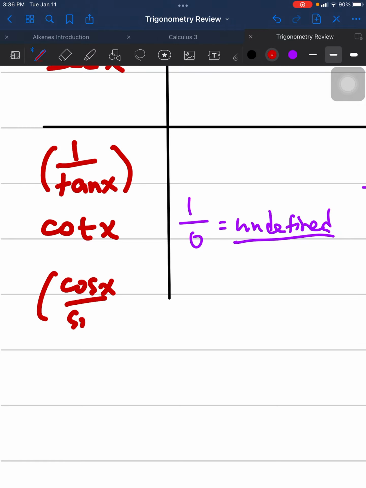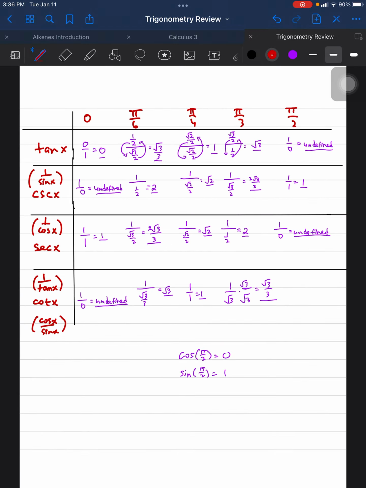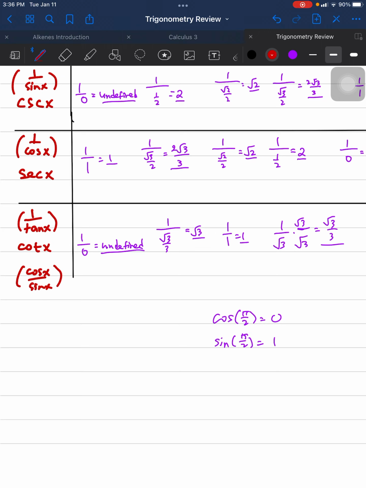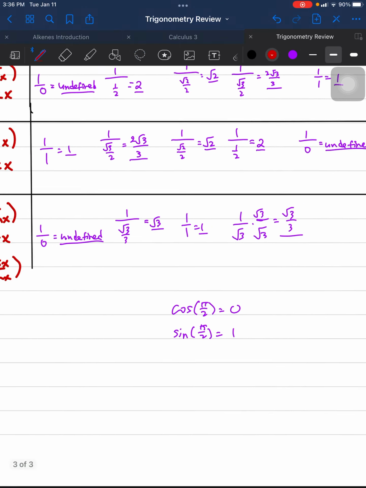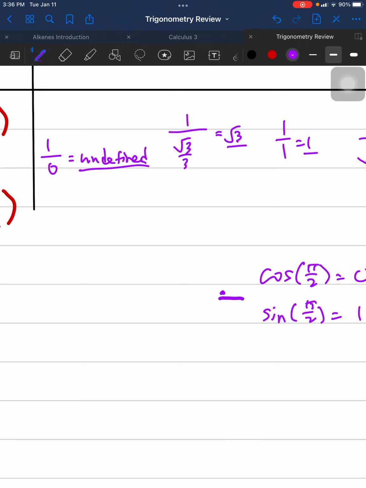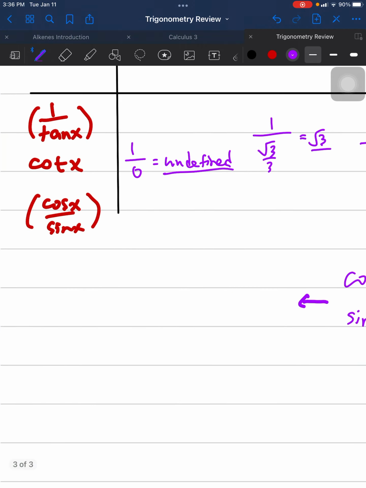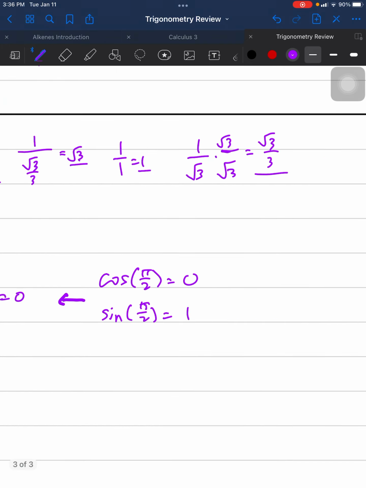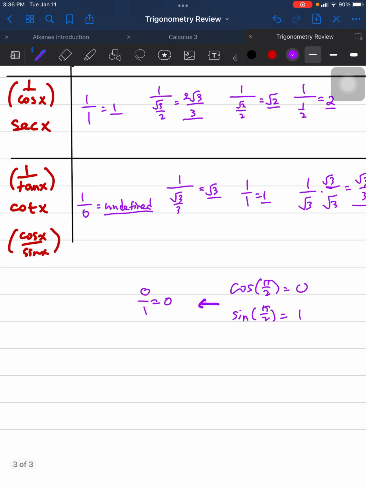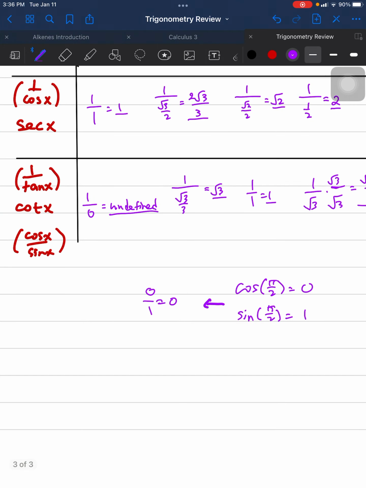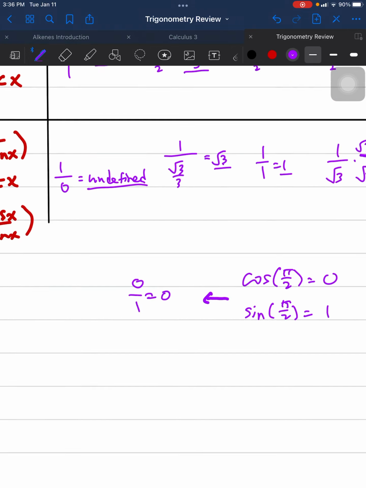So we know by definition, so I'm going to write that here too. Cosine x over sine x. We know by relation, cotangent of x is equal to cosine of x over sine x. Now that we figured out the values for cosine and sine at pi over 2, we can plug it in to this, and we simply get 0 over 1, and that is 0.